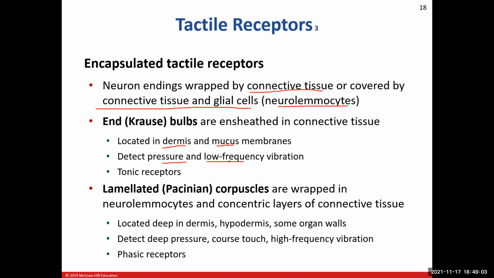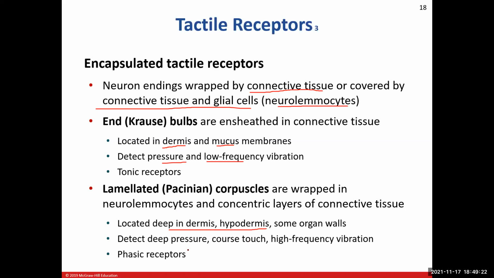So you can actually see the layers there. I'll show you a picture here. We'll see these down deep in the dermis, again, down in that reticular layer. We'll also see them possibly in the subcutaneous layer, the hypodermis, and inside of some of our viscera.